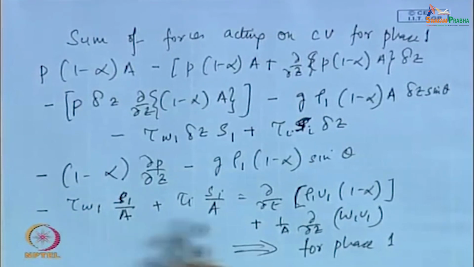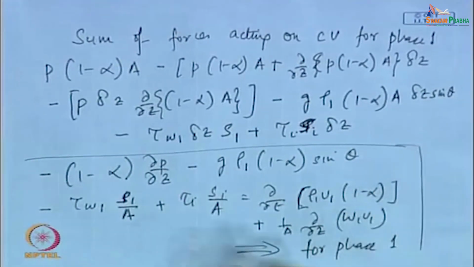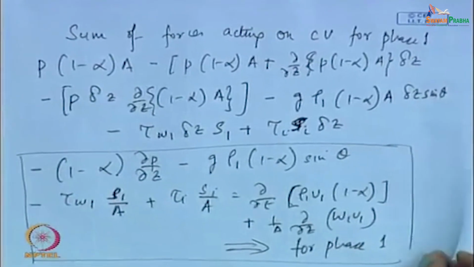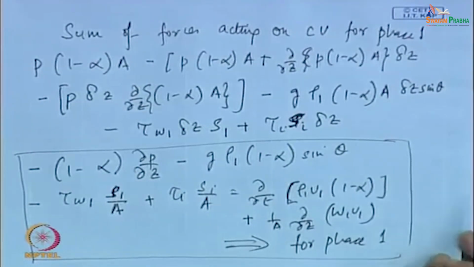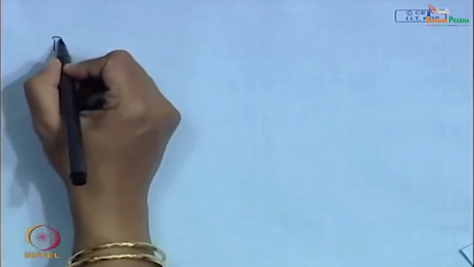Please do the derivations on your own, so that you are in a position to repeat it. So, this is the situation for phase 1 that we get. Similarly, for phase 2 also you can write such an identical thing. Just write it down for phase 2, let me see what you get.